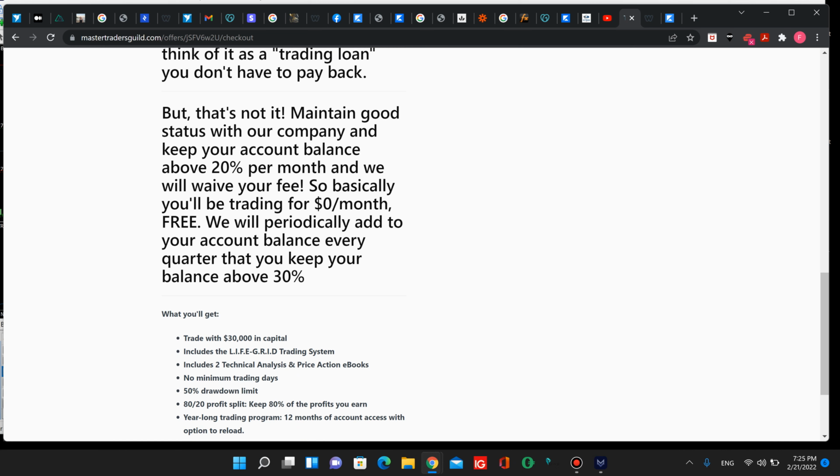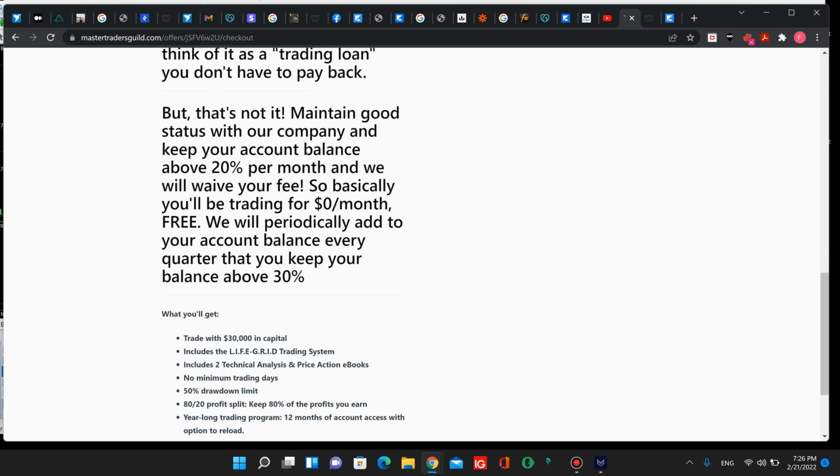Maintain good status in the company. Keep your overall balance over 20% by the end of the program, and you will have an opportunity to work for my firm. I'm creating a trading floor. I'm creating a firm, and I'm going to be basing this out of a couple different areas I'm speculating in right now, but I will release those locations and information in my future updates.